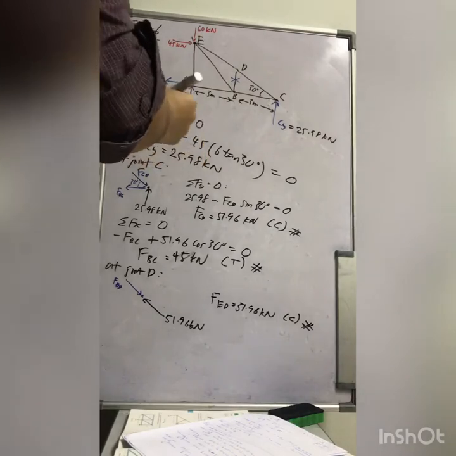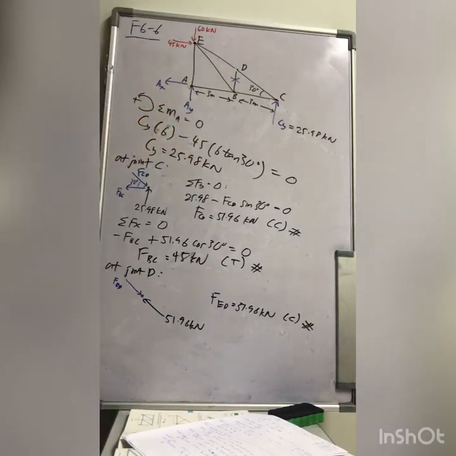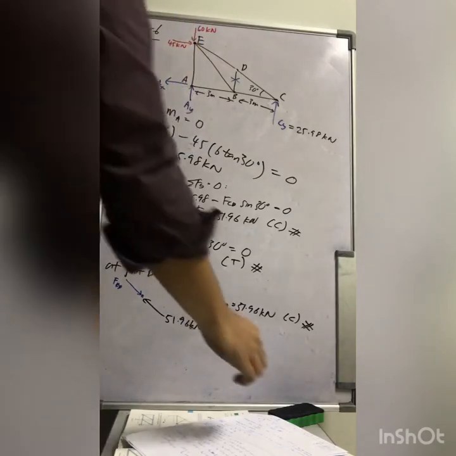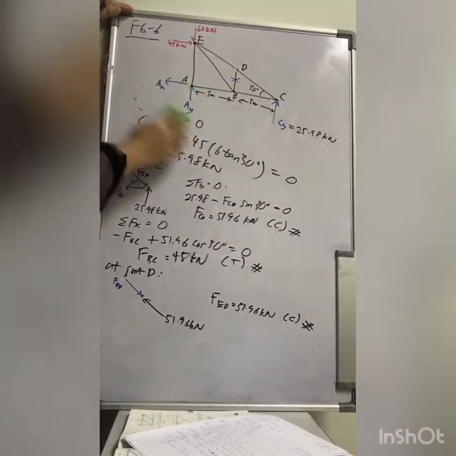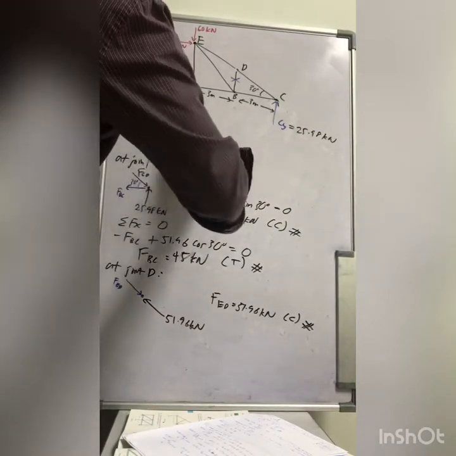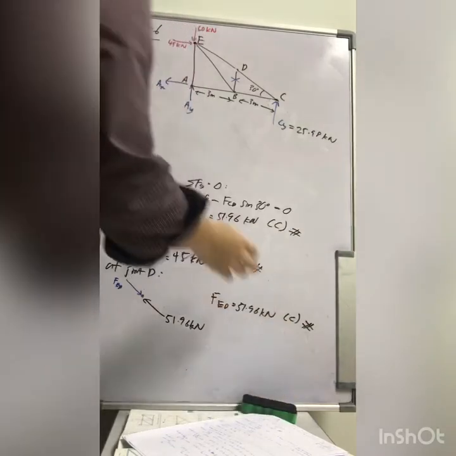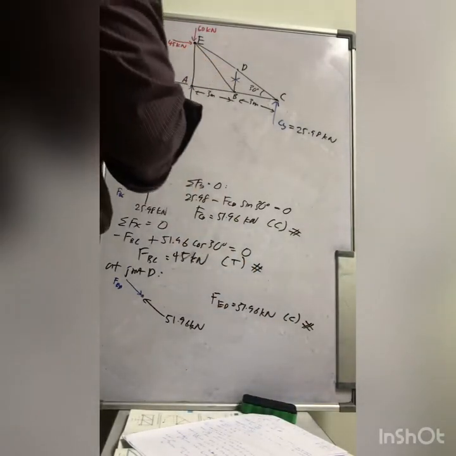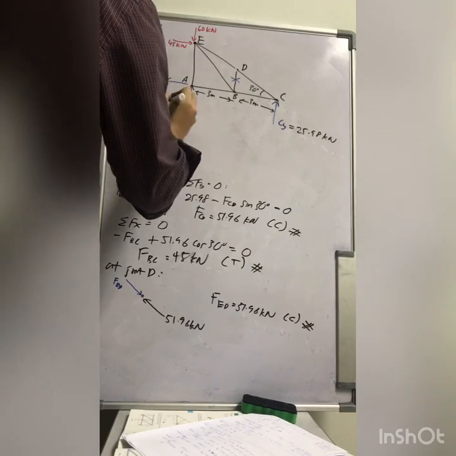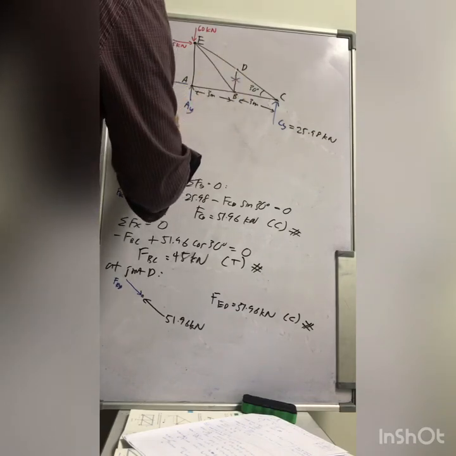Right. Next, what do you want to find? You can do at joint B if you want, or you can do at joint E if you want. That's fine, it doesn't matter, because after all, you need to find all the forces. So let's say you do at joint B. What happened here?